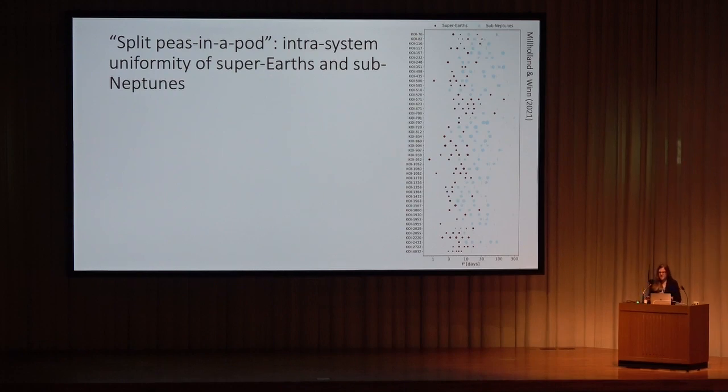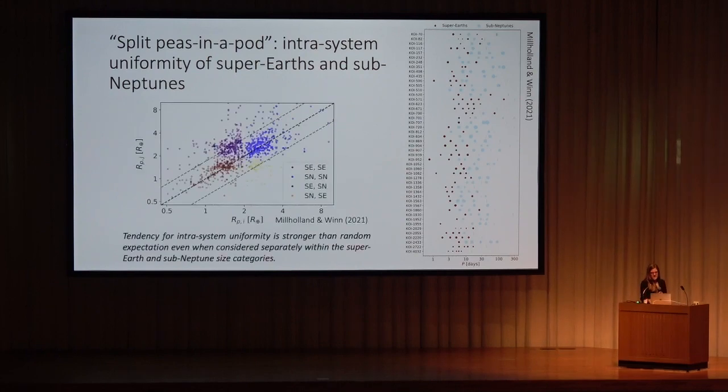So here on the right, we can see multi-planet systems with colors indicating whether the planet is considered to be super-Earth or sub-Neptune. Many systems have planets with both types. And so here is a comparison of the radii of planets of adjacent pairs split by whether you're considering super-Earth pairs, sub-Neptune pairs, and so on.